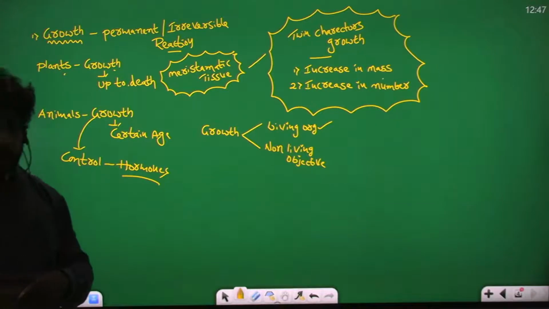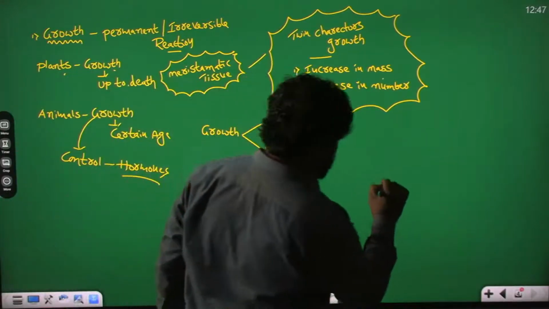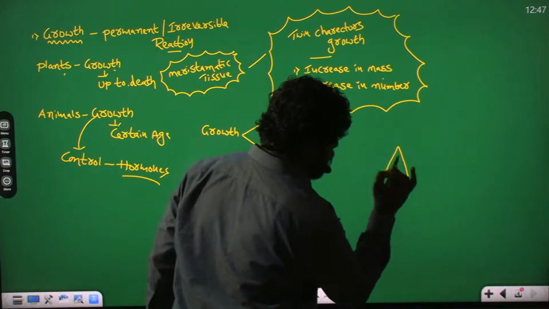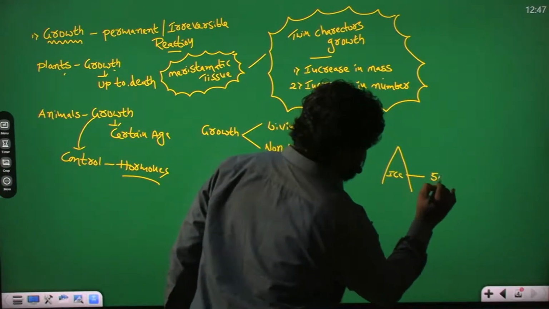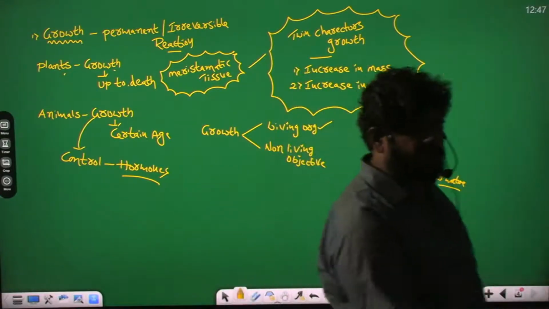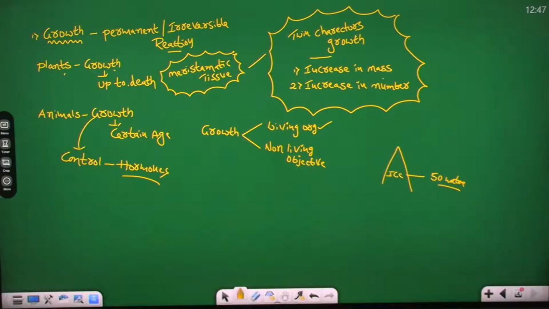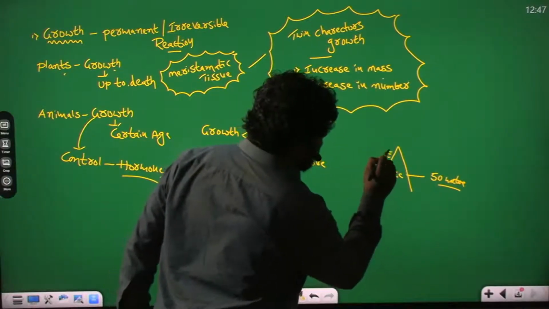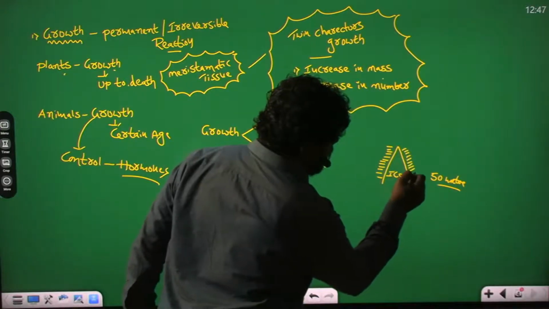How? For example, this is one ice mountain. Today it is 50 meters in height. Today we measured it is 50 meters of height. Every day ice is added here because of snowfall.